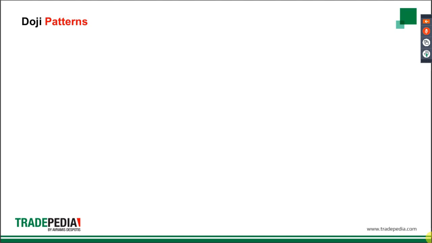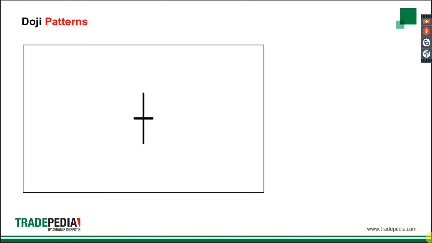So the first type of candle that we have is the doji candlestick. So what is a doji? This is what a doji looks like. Dojis basically have no body, mainly because the open and close prices are very close together, or sometimes they are the same. What this means is that it suggests indecision.